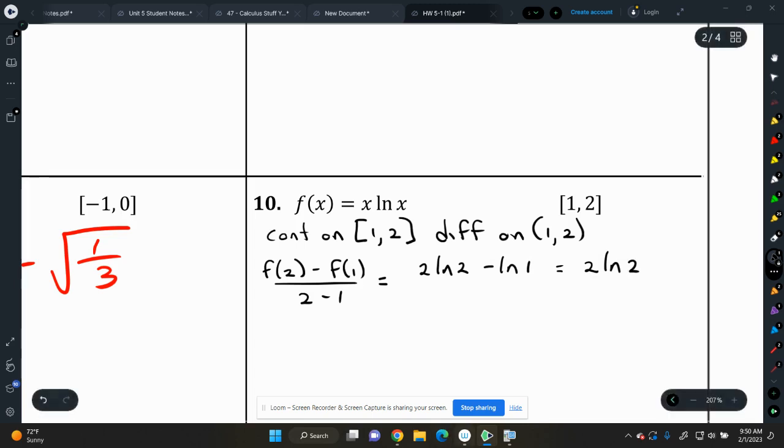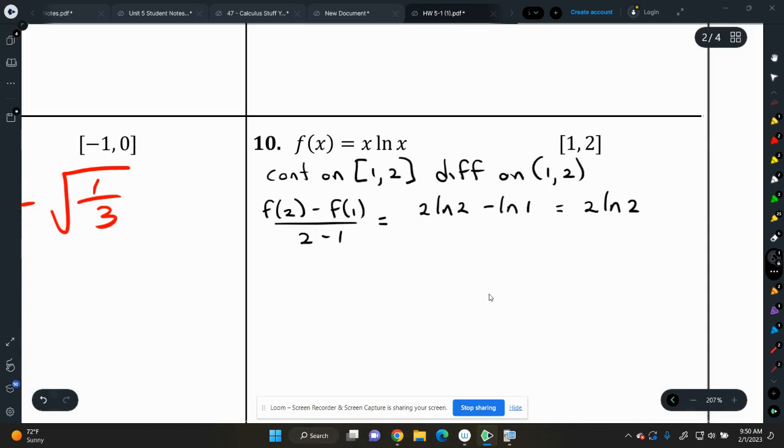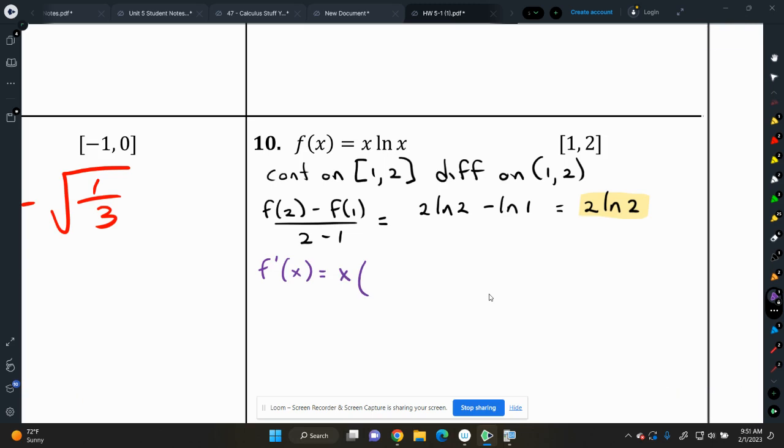All right. So I'm just going to highlight that for now so I don't lose it. F prime of x: first times the derivative of the second, and the derivative of the natural log of x is 1 over x, plus the second times the derivative of the first, which is just 1.